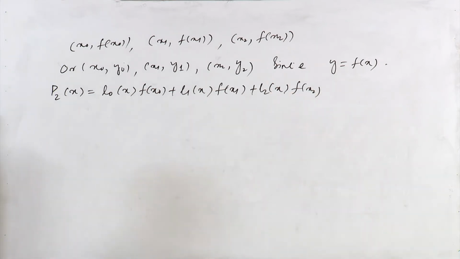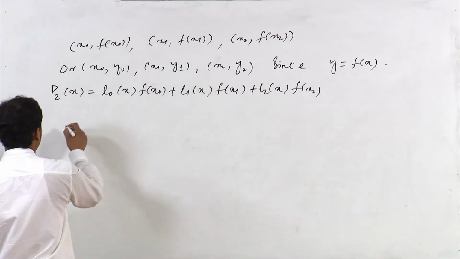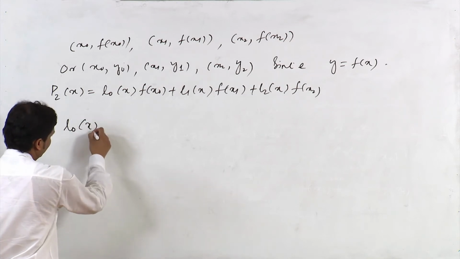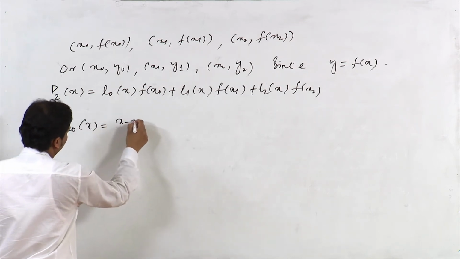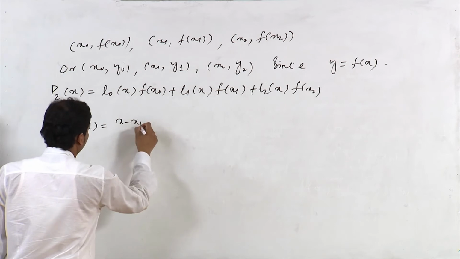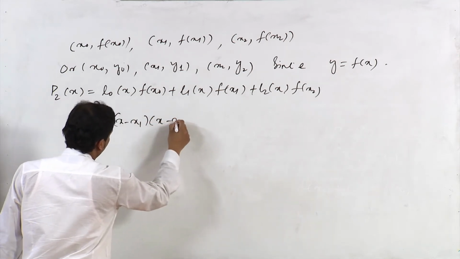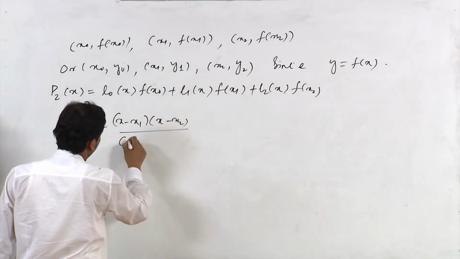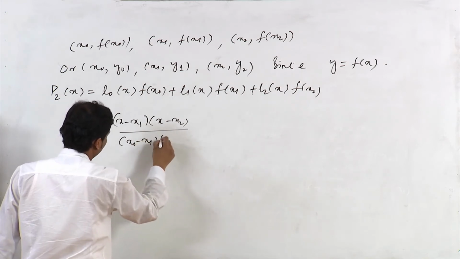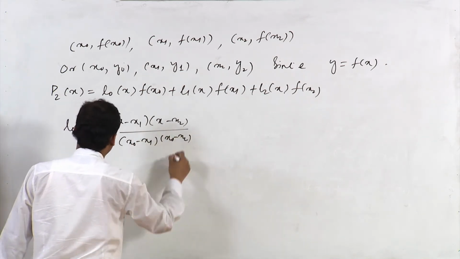And if we write independently all the terms here, this means that L0(x) can be written in the form of (x minus x1)(x minus x2) divided by (x0 minus x1)(x0 minus x2).